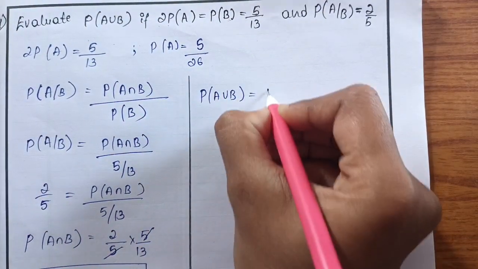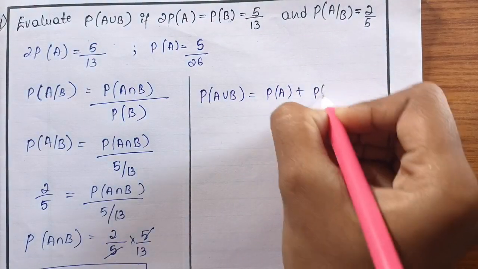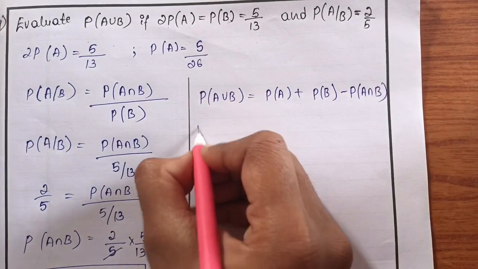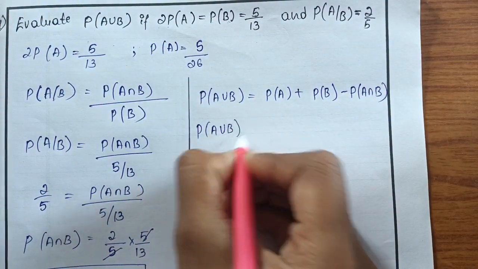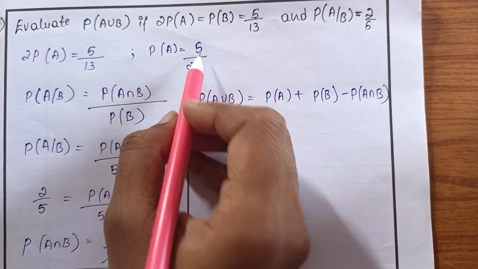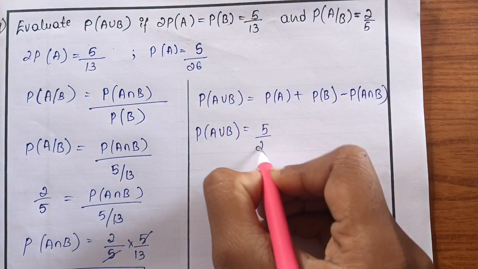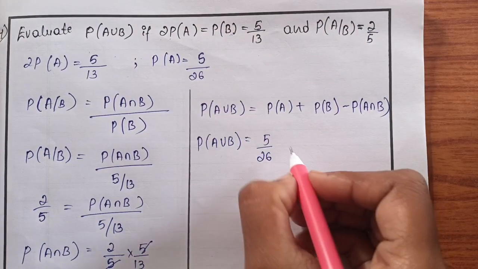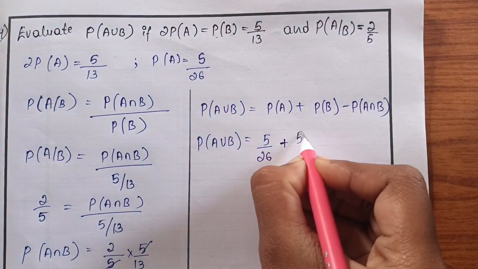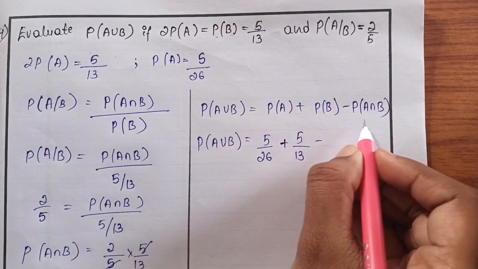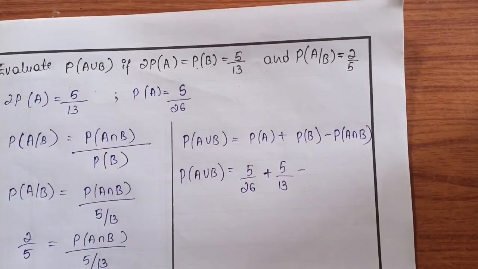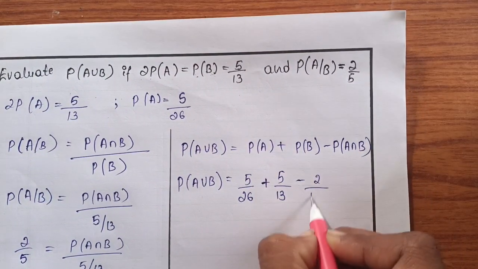Probability of A union B is equal to probability of A plus probability of B minus probability of A intersection B. Probability of A is 5 by 26, plus probability of B, which is 5 by 13, minus probability of A intersection B, which is 2 by 13.